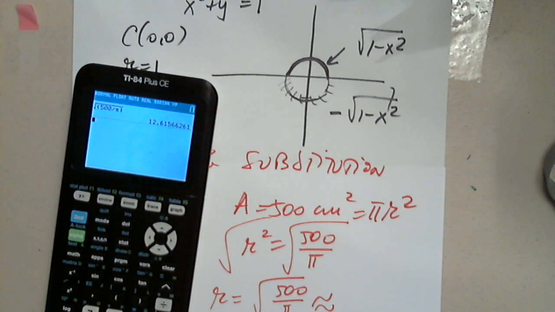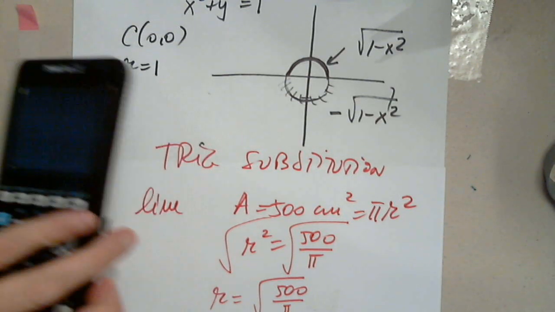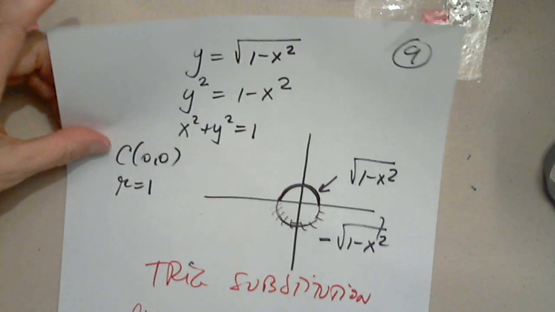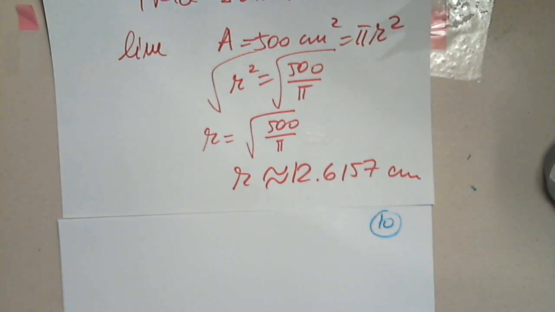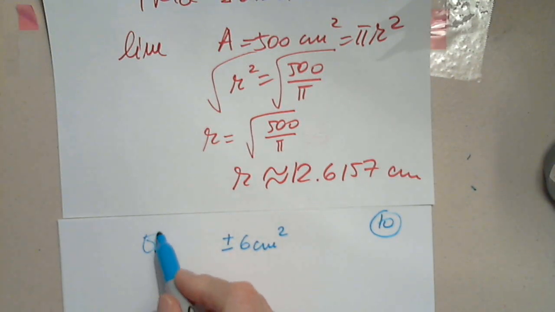And that's part A. Is part A okay? Yes, it is. Perfect. Okay, now let's move on to part B. In part B, it says an error of plus or minus 6 centimeters squared in the area of the disk.